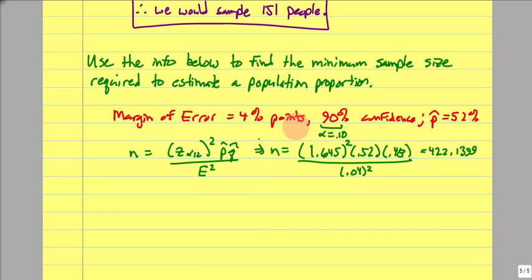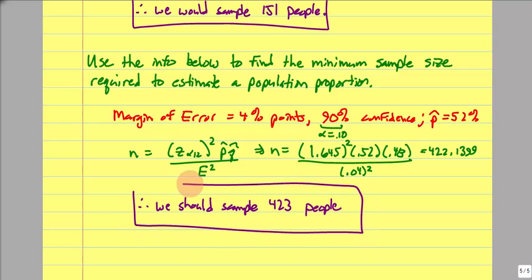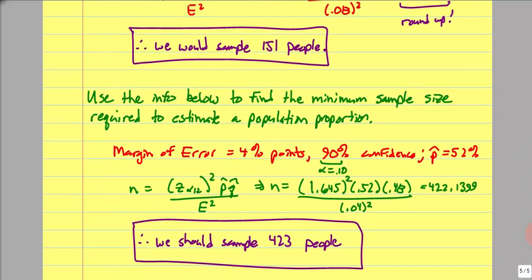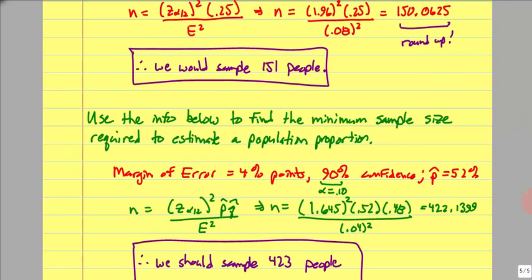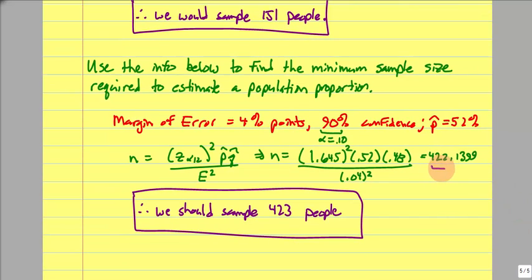Now remember, we always round up, so therefore we should sample 423 people. Now this could be other things too. It could be light bulbs or cars. I'll just use people as this example. So just like we did, we rounded up here. We're going to round up. So we always round up when we're talking about sample size determination.